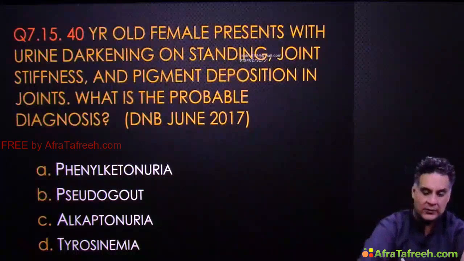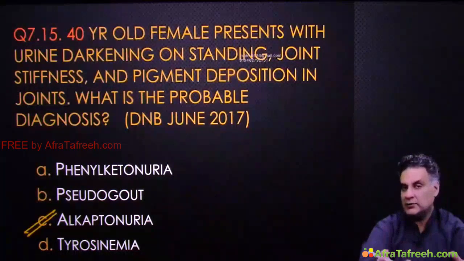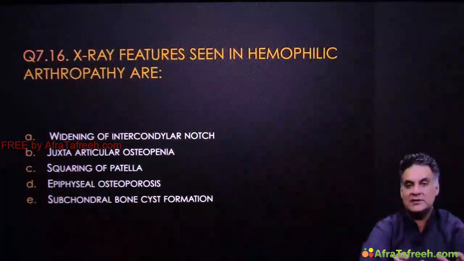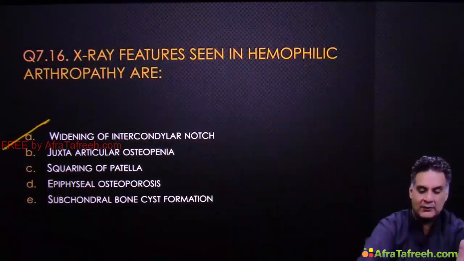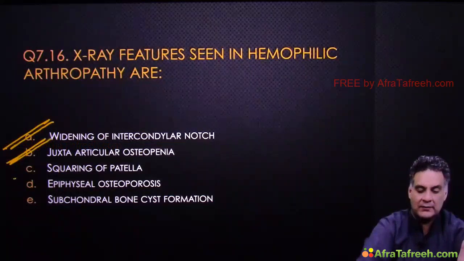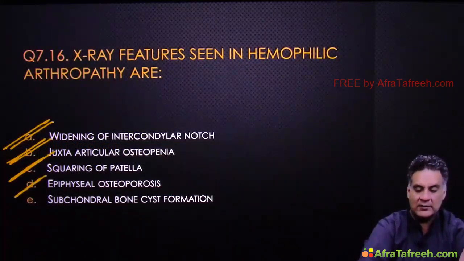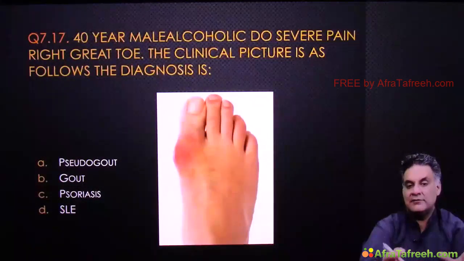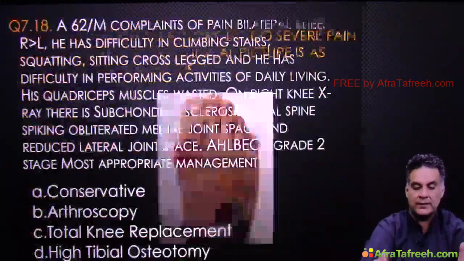This is alkaptonuria, classical. Sometimes when we operate on a knee we see the black fluid. X-ray features in hemophilia: widening of the notch, osteopenia, squaring of the patella, osteoporosis, bone cyst formation. All are correct. This is an inflamed first MTP, grade 2 gout.